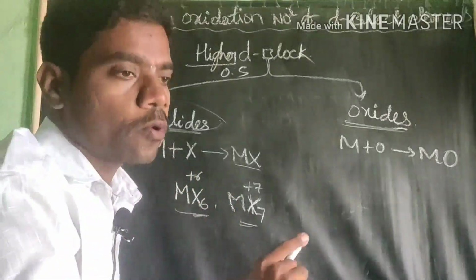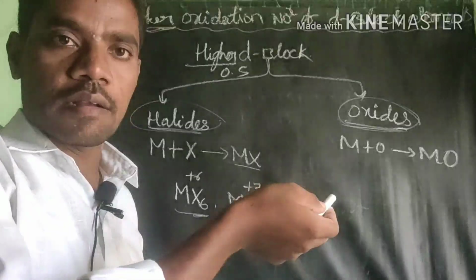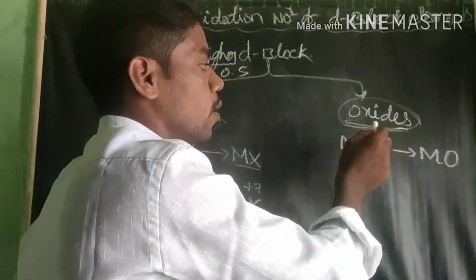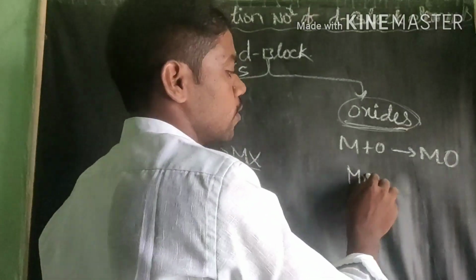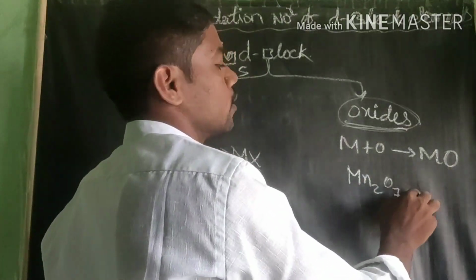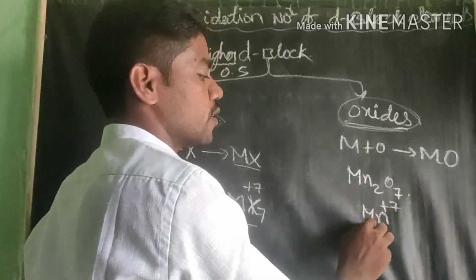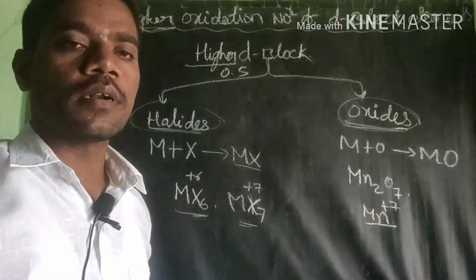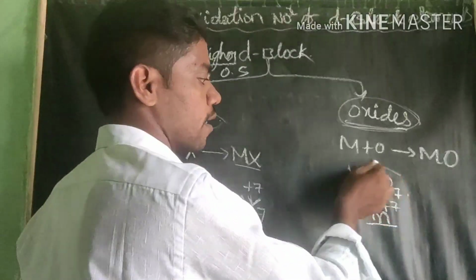And also, compounds of D block elements in the higher oxidation number exist in the form of oxides. For example, Mn2O7. In this case Mn is in the +7 oxidation state. Therefore, manganese shows a higher oxidation state in the form of oxides.